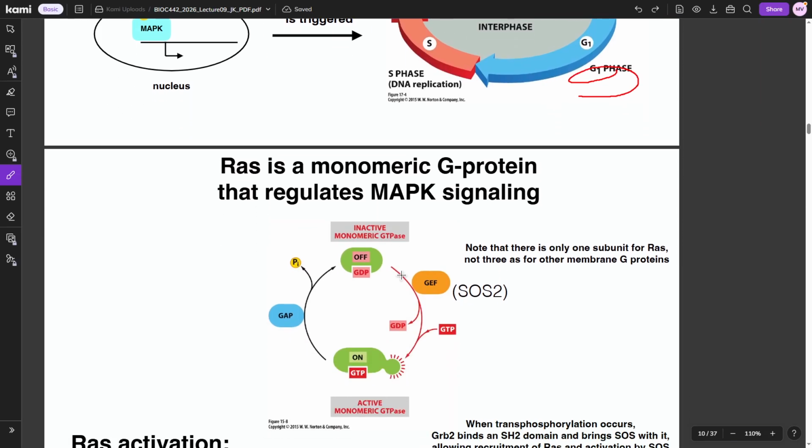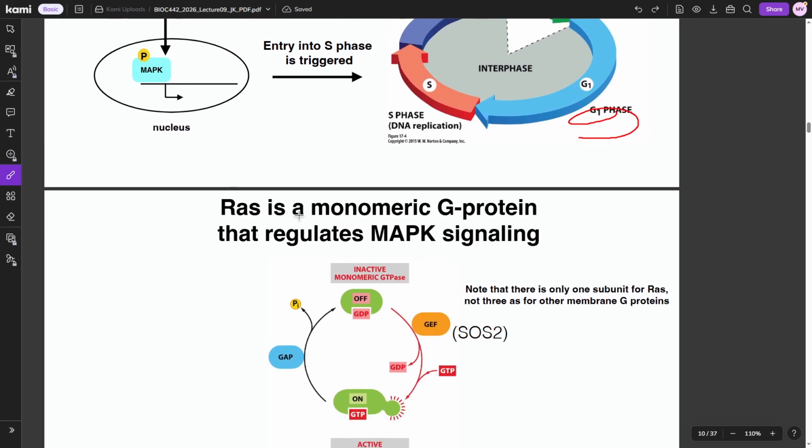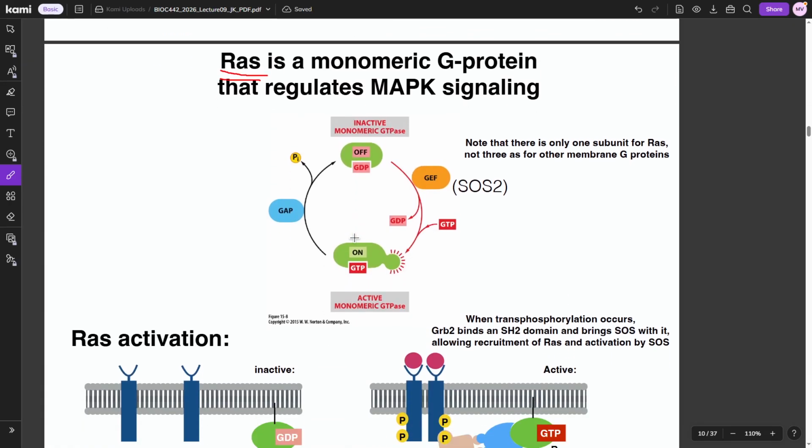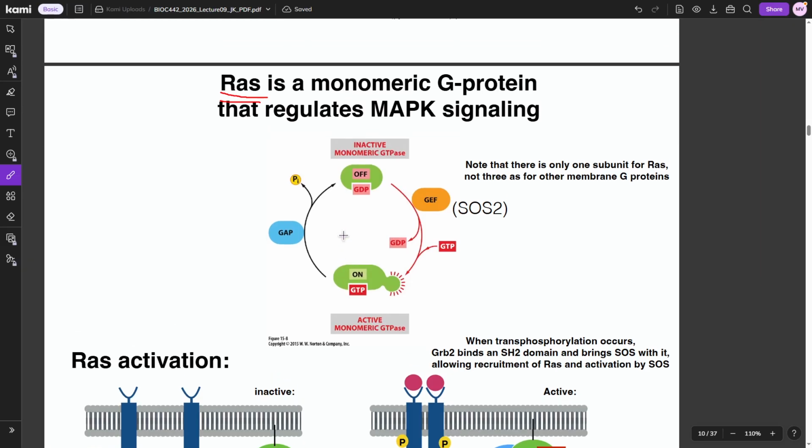A bit of a sidestep from what we talked about previously. It's along the same lines, but RAS is a monomeric G protein that regulates MAP kinase signaling. So what I want to get across with this is that this process is helpful in the RTK signaling process with MAPK.